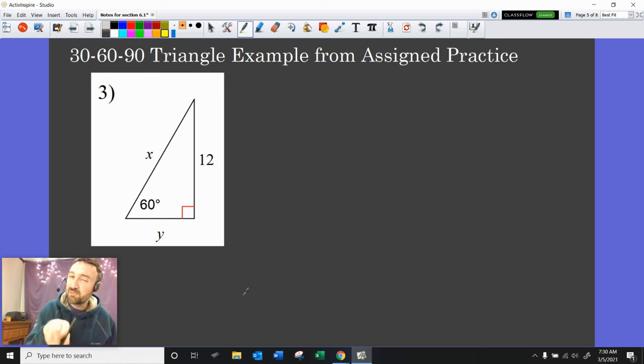You can't use the Pythagorean theorem right away here, because that would say x squared is equal to y squared plus 12 squared, and that doesn't give you a lot of information about what x and y are. It tells you that there's a relationship between x and y.